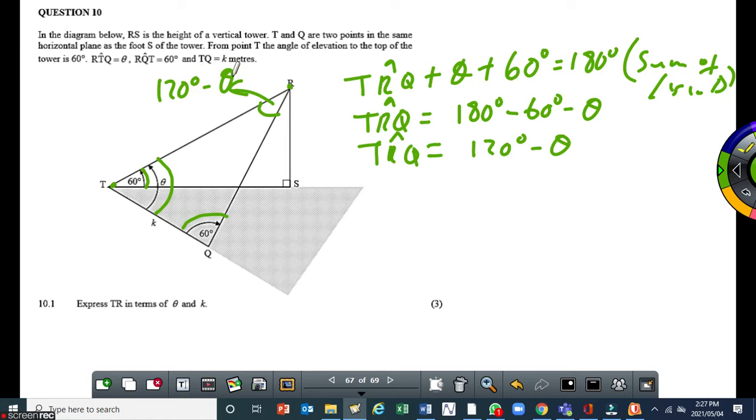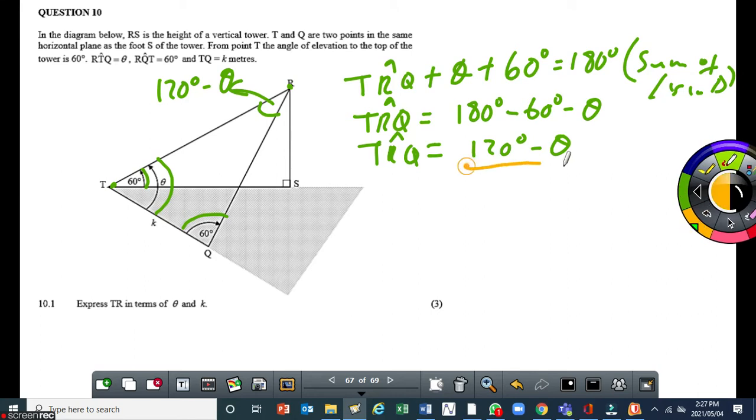Because I created that angle, I hope you are aware that this is a compound angle. It's a subtraction of two angles, so in this question I may need to apply my knowledge of the compound angles.